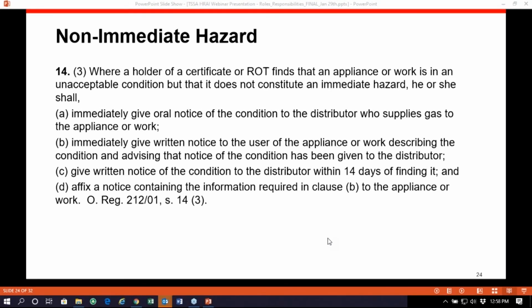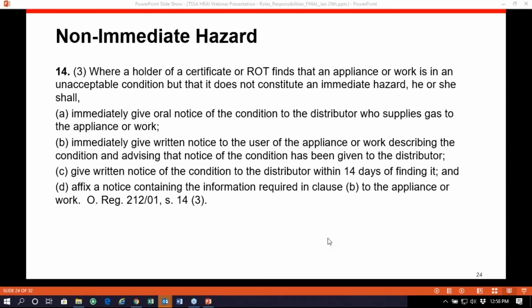Immediately give oral notice of the condition to the distributor who supplies the gas. Immediately give written notice to the user of the appliance or work describing the condition and advising that the condition has been given to the distributor. Give written notice of the condition to the distributor within 14 days of finding it. And then again, you must affix a B tag with the information required in B to the appliance.